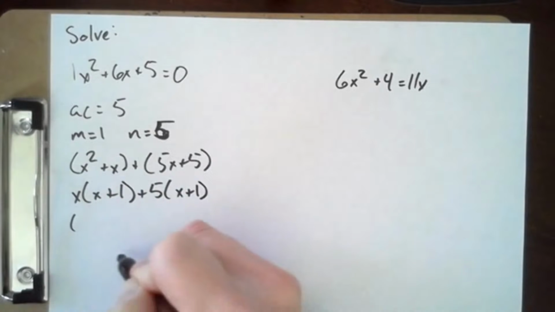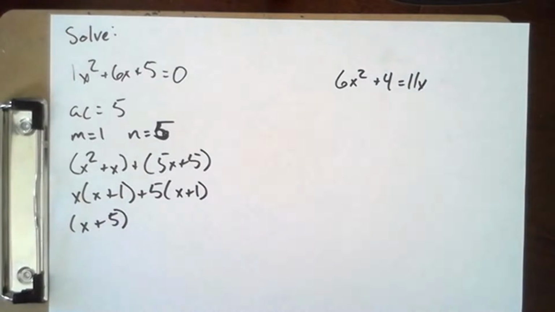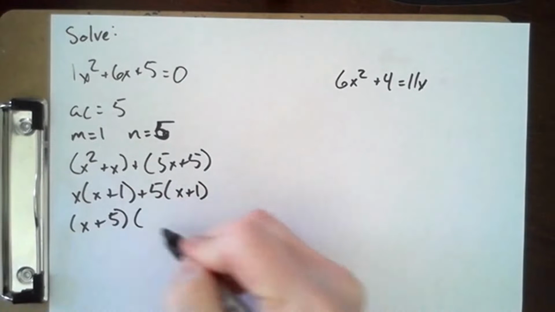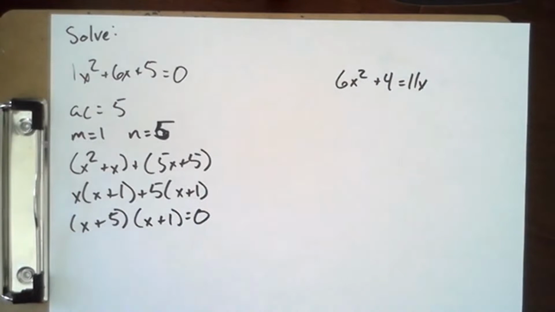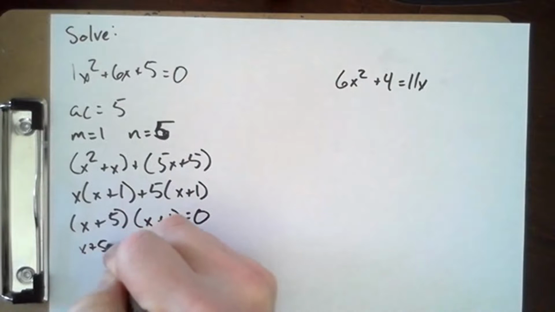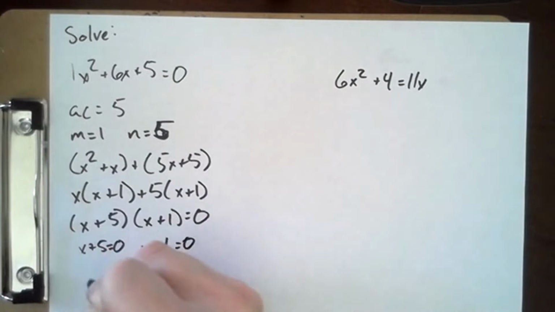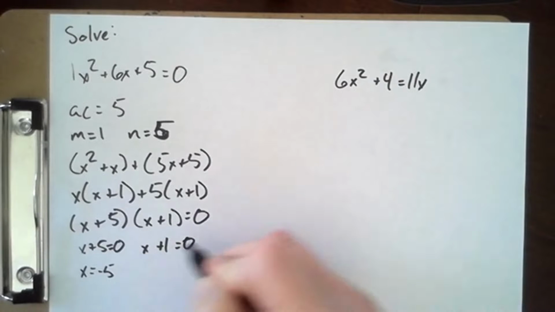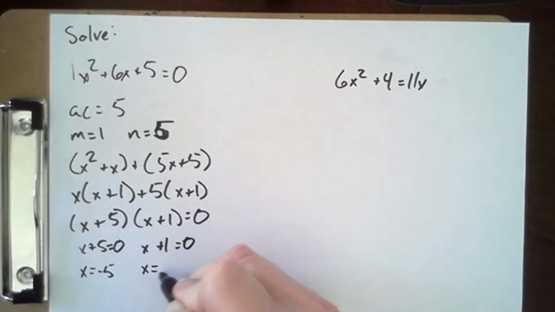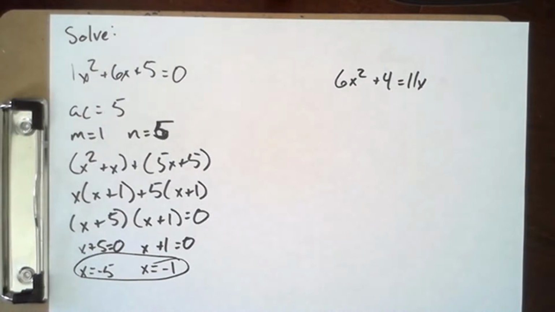Pull everything apart, and I've got x plus 5 times x plus 1 equals 0. Okay, well then either x plus 5 equals 0 or x plus 1 equals 0. If x plus 5 equals 0, then x equals negative 5. And if x plus 1 equals 0, then x equals negative 1. And there are our solutions to this equation.